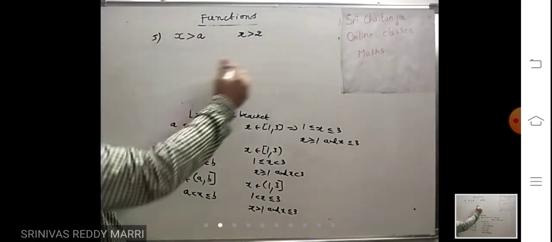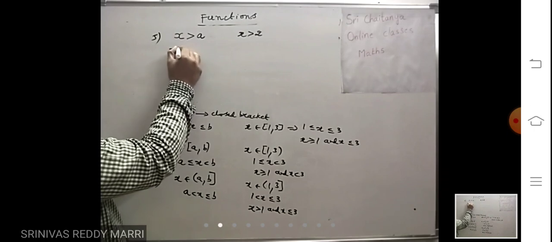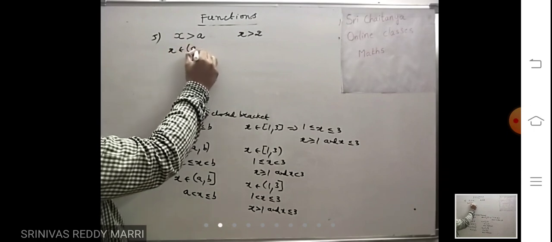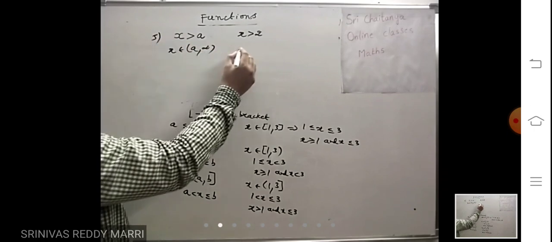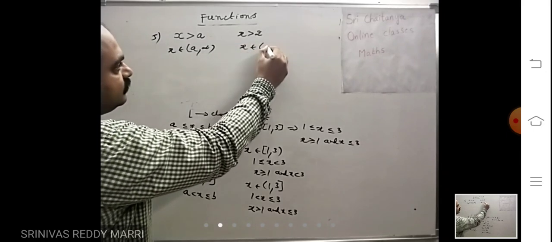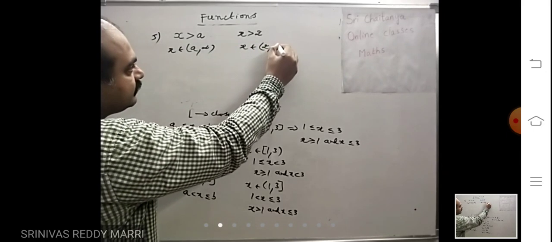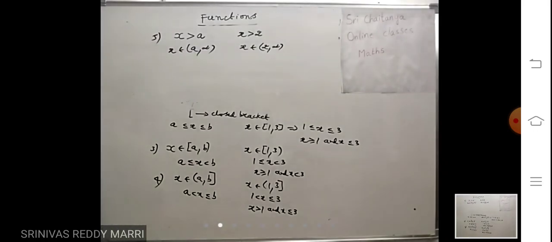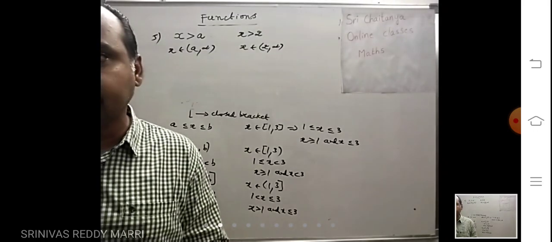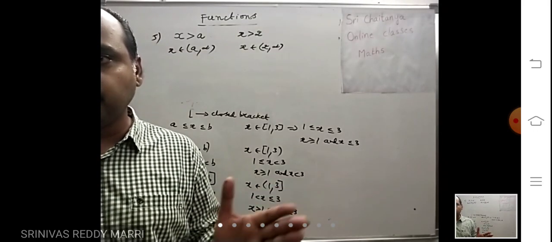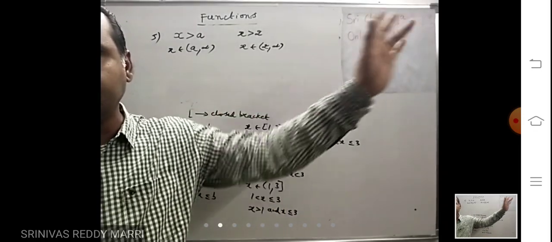X can take values more than 2. That means we will write it like this: 2 comma infinity. X greater than 2 means what are the values x will take? 2.01, 2.02 and so on, everything greater than 2.